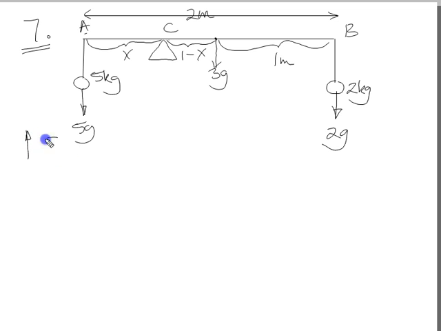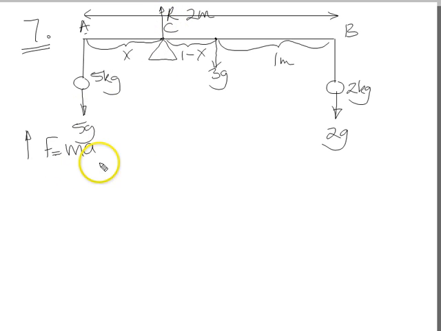Apply F equals ma in the vertical direction, and let's see what we get. Don't forget there's one more force to put in, which is the reaction force of what it rests upon in equilibrium. So that's an R there. So maybe I ought to write that a bit more clearly. It's an R. Okay, so that's the reaction force there.